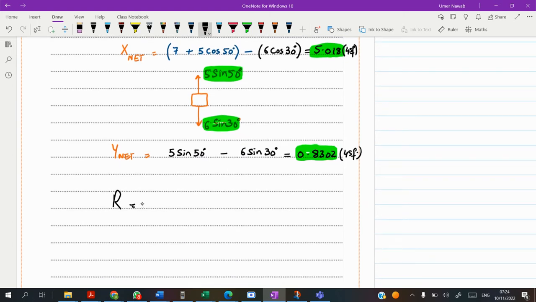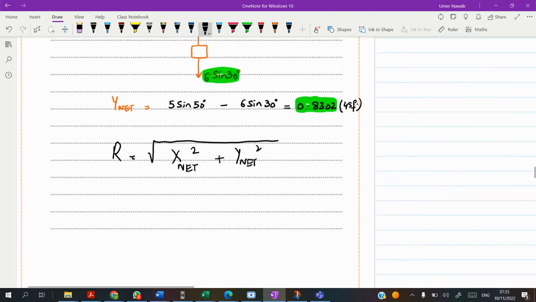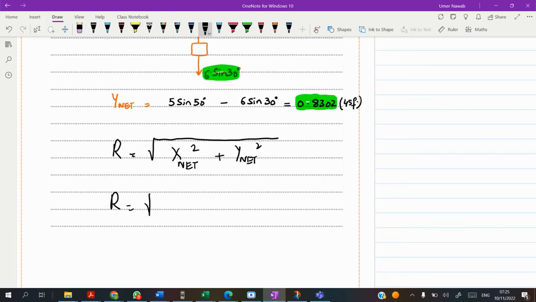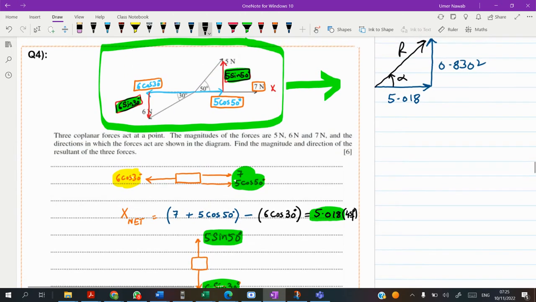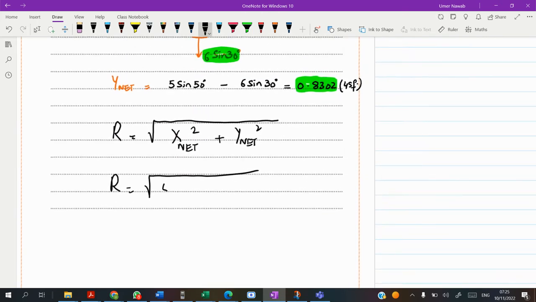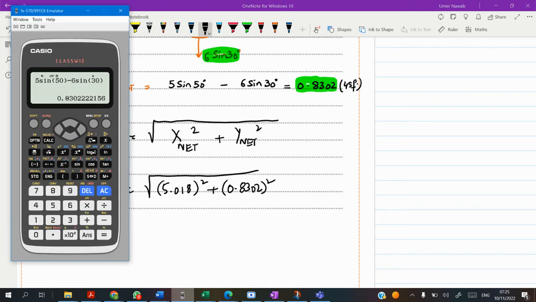My resultant is equal to, normally we call it, the square root of x net squared plus y net squared. So the resultant is equal to a big square root of 5.018 squared, and then 0.8302 whole squared. Write this in a calculator.